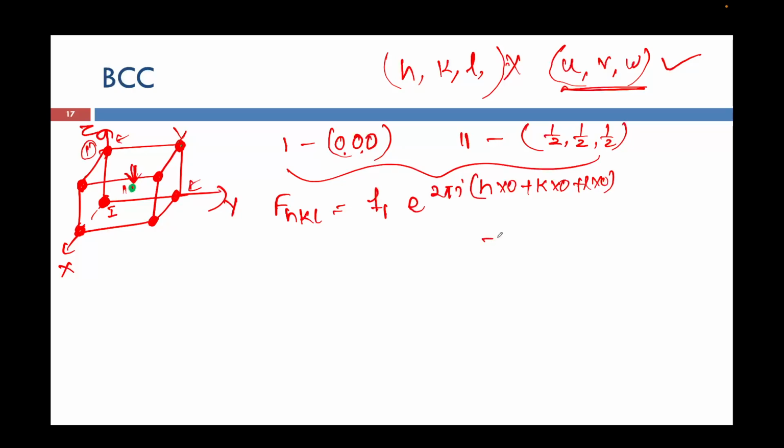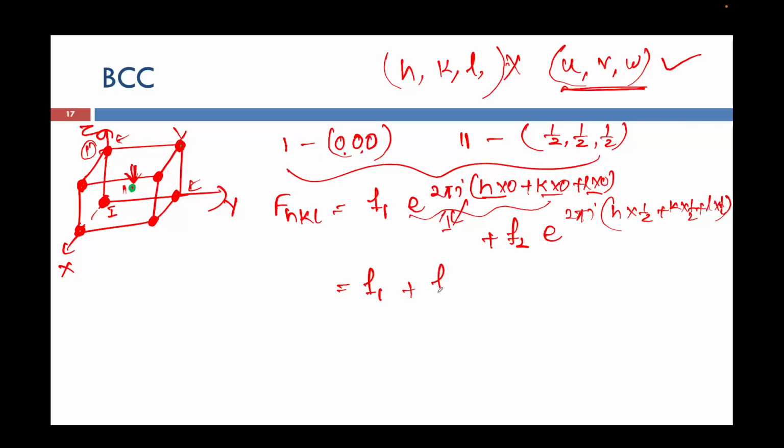Then I have to add another one, F2 e to the power 2 pi i (h into half plus k into half plus l into half). This one you can do. For the first, this is 0, 0, 0, so e to the power 0 is 1, and this total expression will eventually be equal to F1.